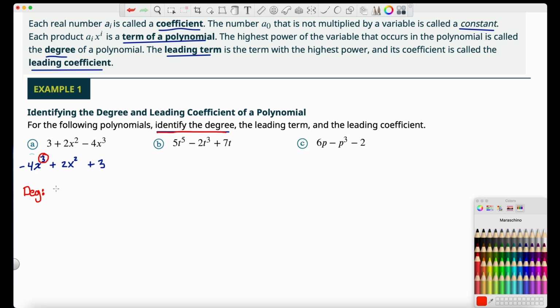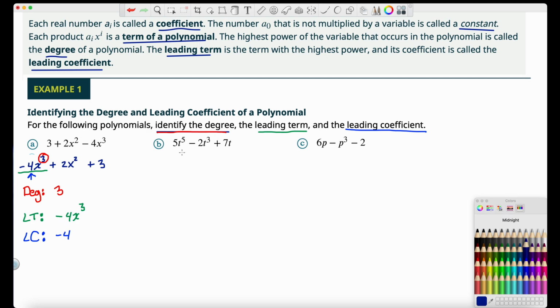It's the highest power of this polynomial. And the leading term is the first term that we write with the highest degree. So in this case, it's negative 4x cubed. That's the whole term. There are 3 terms in this polynomial, and that one is the leading term. And the leading coefficient is the number in front of the variable, which is negative 4. That is our leading coefficient.